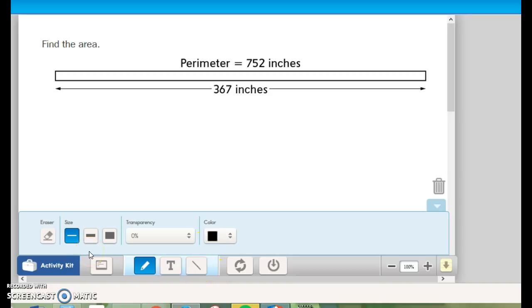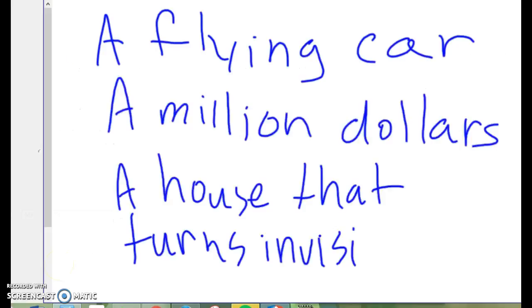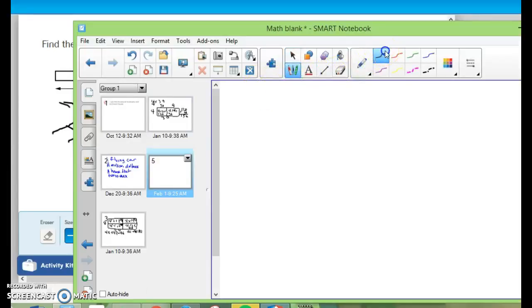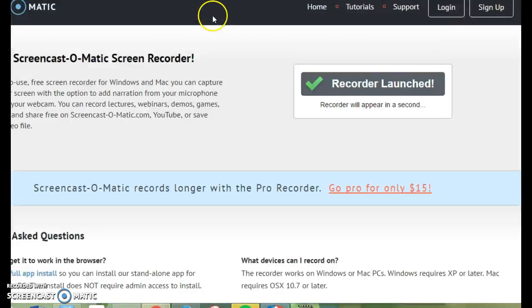Because knowing that perimeter is all four sides added together, this is really going to be 367 plus 367 plus, we can call it x plus x equals whatever.